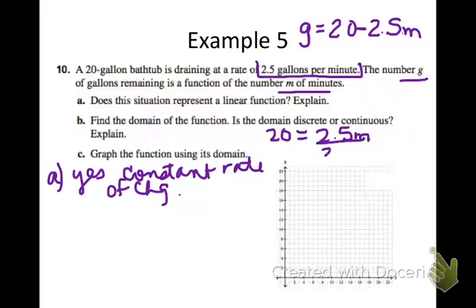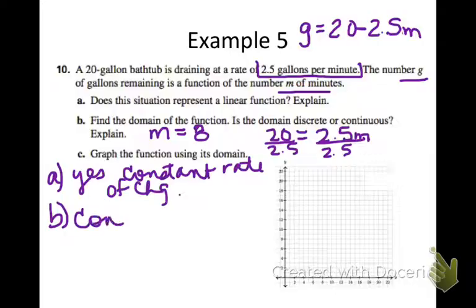So dividing both sides by 2.5 shows us that it will take 8 minutes to get to 20 gallons. So for B, we would say continuous. All right, and so time starts at 0.